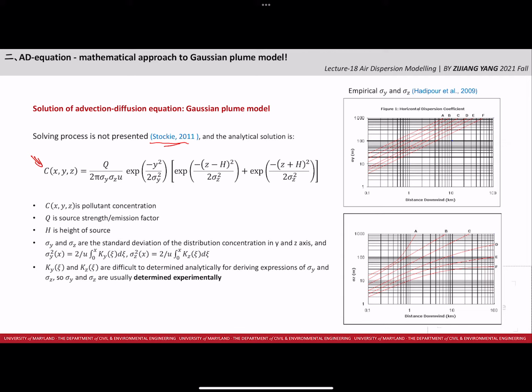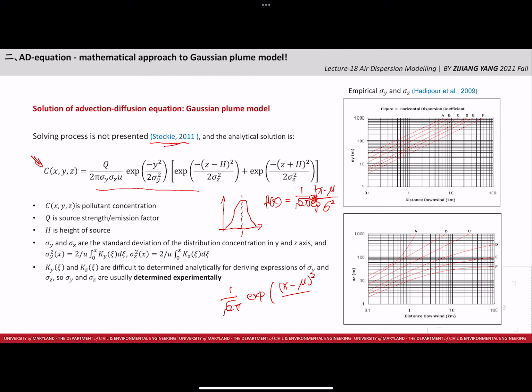So here is the solution of this equation, and if we remember the probability density function of a Gaussian distribution, we have 2 pi and exp, and this is x minus mu, and the sigma square here.